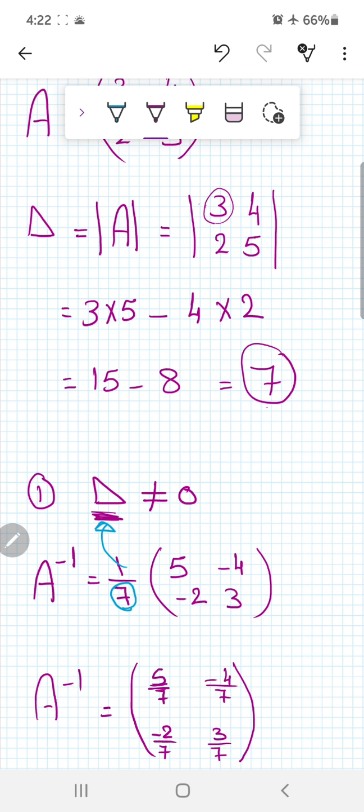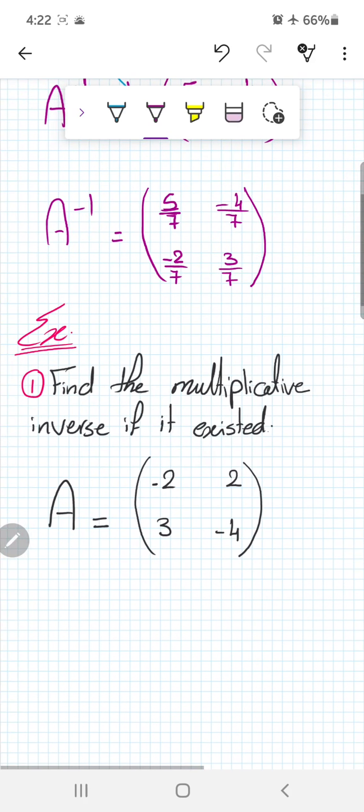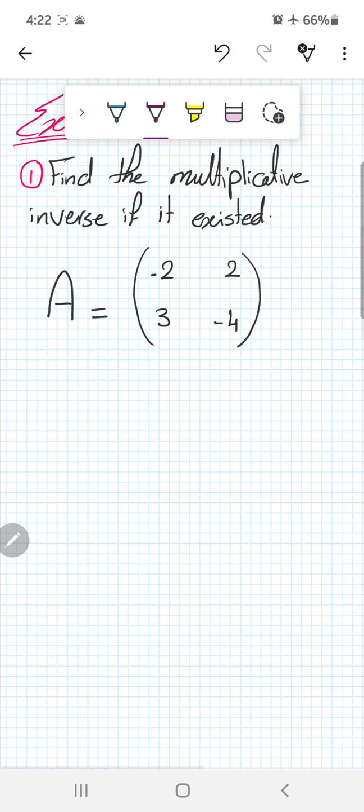Okay? Let's take some examples. Number 1: find the multiplicative inverse if it exists. Okay. The matrix A = [-2 2; 3 -4]. As we said, first we want to get the determinant, which is delta.